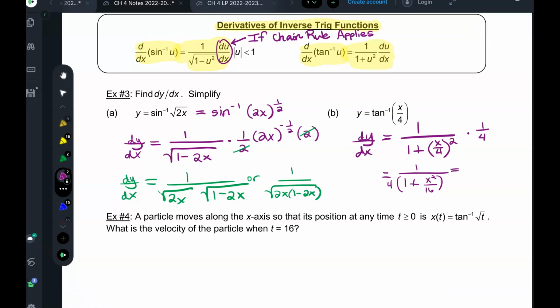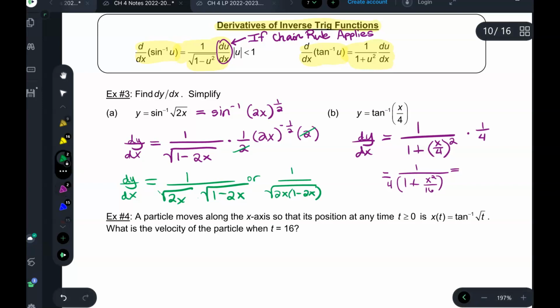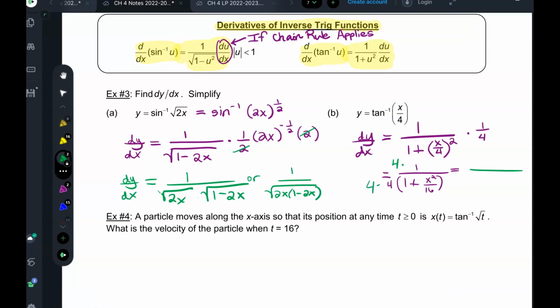Maybe multiply by 4 over 4, to get rid of the complex fraction? I can do that all in one step, right? Multiply by 4, multiply by 4. So I'll get 4 in the numerator, and then 16 plus x squared in the denominator. That's fine.